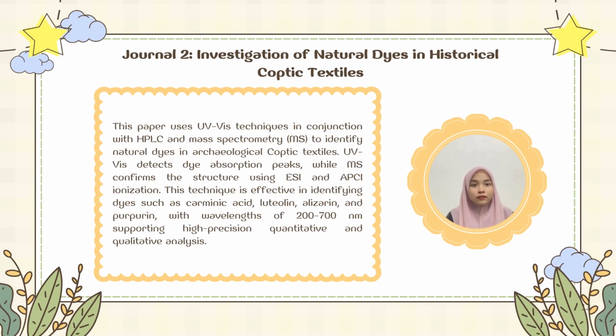This method was proven to be rapid and effective for monitoring industrial water quality. Journal 2. Investigation of natural dyes in historical Coptic textiles. This paper used UV-vis technique in conjunction with HPLC and mass spectrometry (MS) to identify natural dyes in archaeological Coptic textiles. UV-vis detects dye absorption peaks, while MS confirms the structure using ESI and APCI ionization.